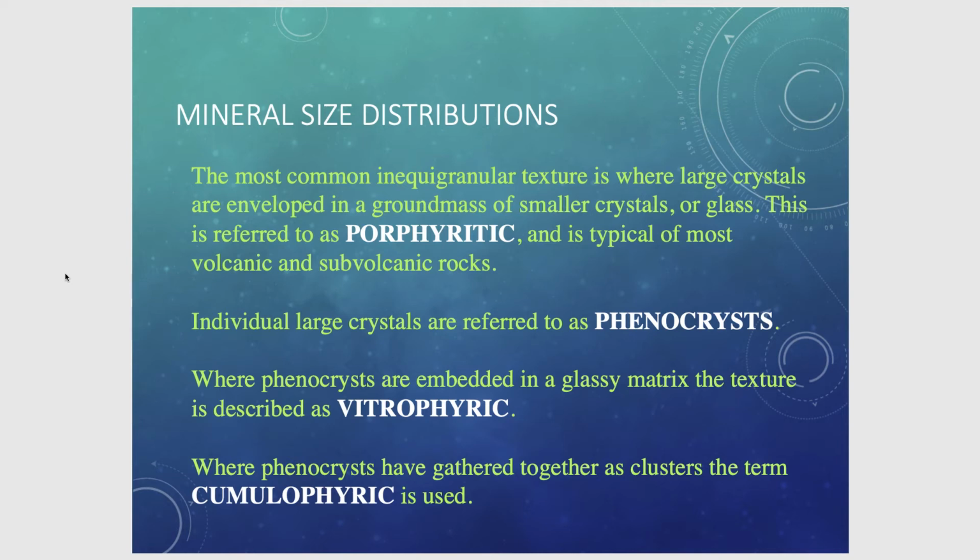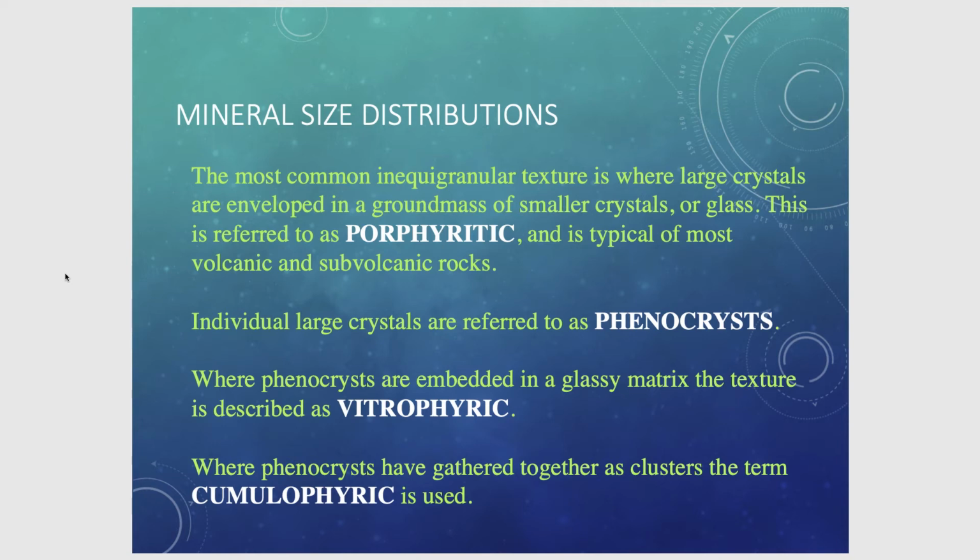Most commonly, so these were all equigranular rocks. If we look at inequigranular textures, we most often think of porphyries. So porphyritic rocks, we saw some examples at the beginning of this lab, tend to have a microcrystalline matrix with very large phenocrysts. So that's really the gold standard for porphyries.